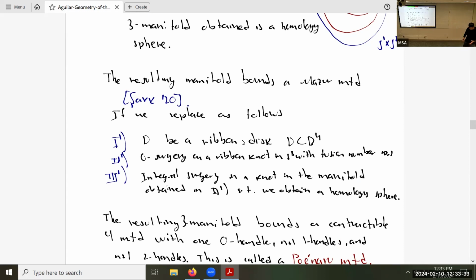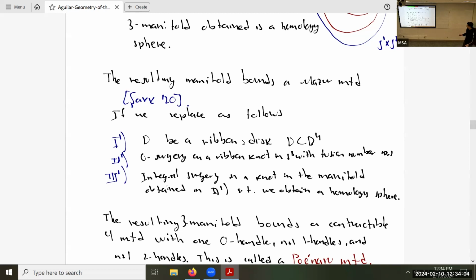So we end up with some three-dimensional manifold, and we can once again do integral surgery in a knot in this three-dimensional manifold obtained in the second point. And if we obtain a homology sphere, a three-homology sphere in this second surgery, the result of Şavk is that this resulting three manifold bounds a contractible 4 manifold.